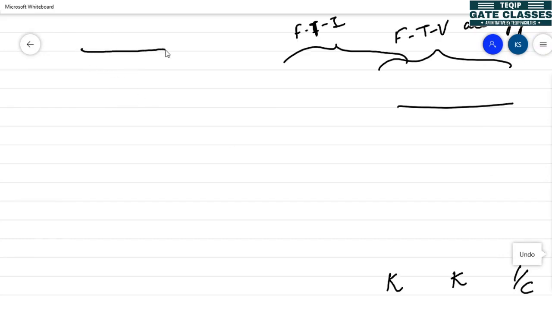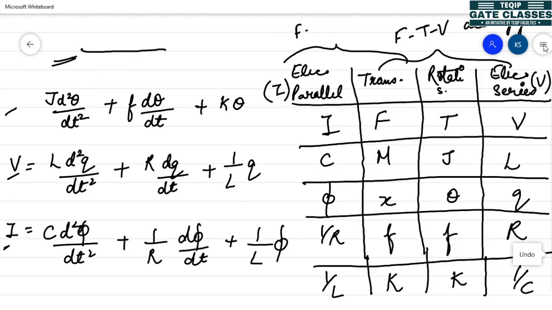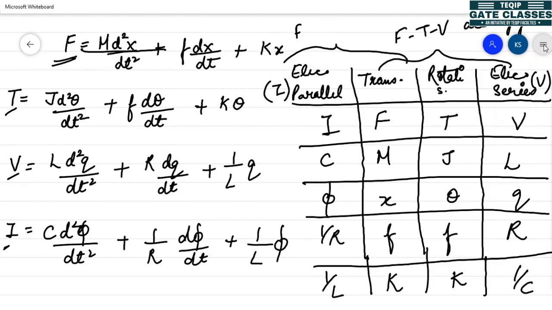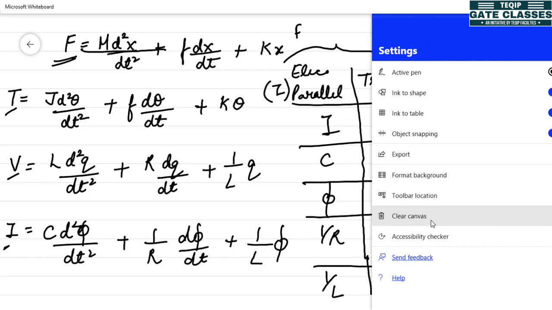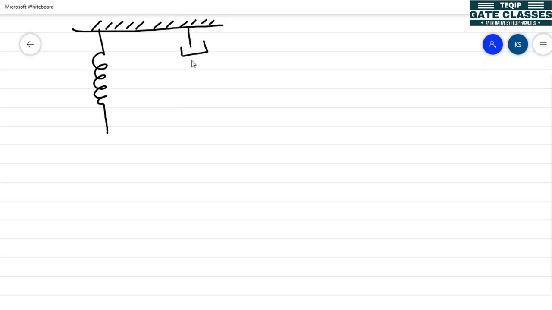To begin with the complex system, we have to keep a few things in mind. The first thing is, you just have to identify the number of principal nodes. What do we mean by principal nodes? Principal nodes are always equal to the number of displacements. So now let us take an example which makes it clearer.